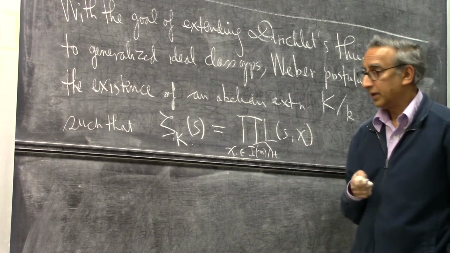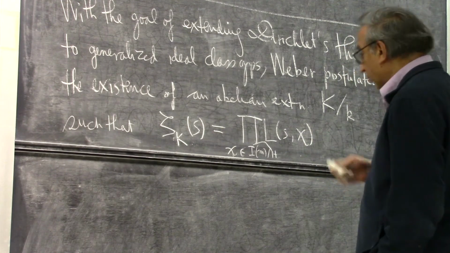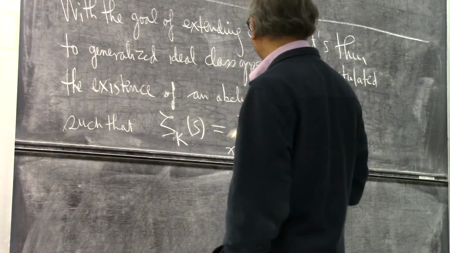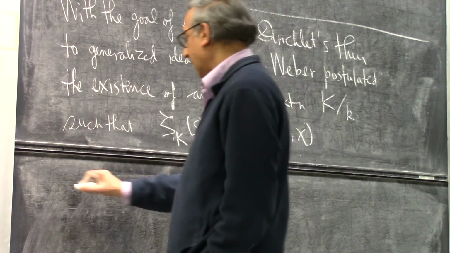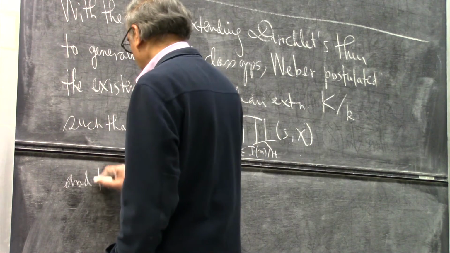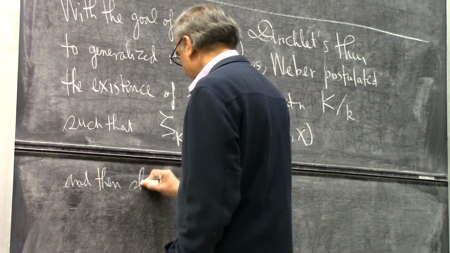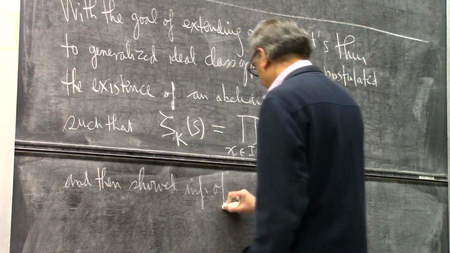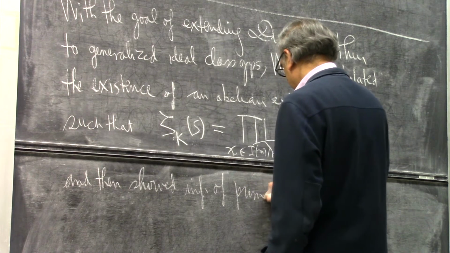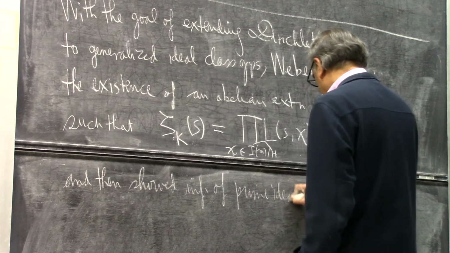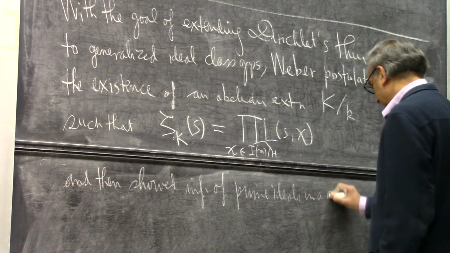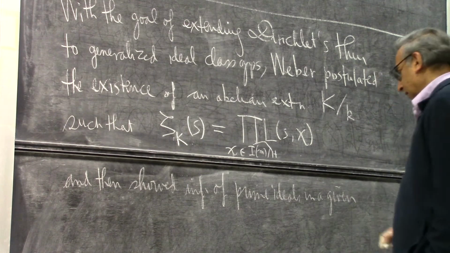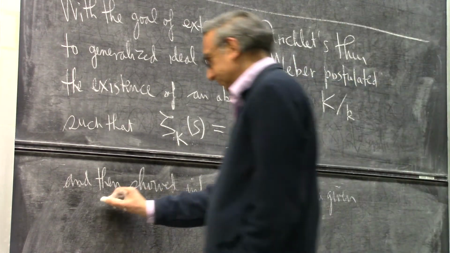So that's basically how he finished the proof and proved his theorem. So he postulated the existence of this thing, and then showed the infinitude of prime ideals in a given generalized ideal class.